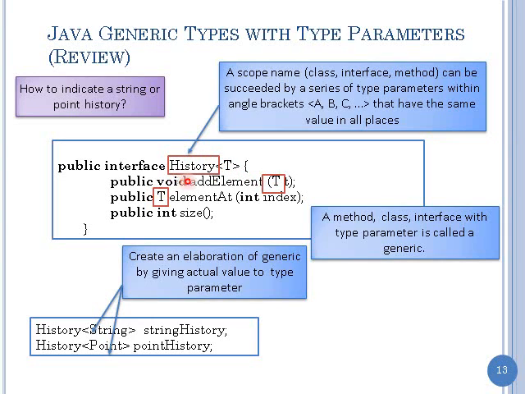So how many versions of history are kept around? I have this history string and this history point. How many variations of history are kept around at compile time, at runtime? That's the next question.